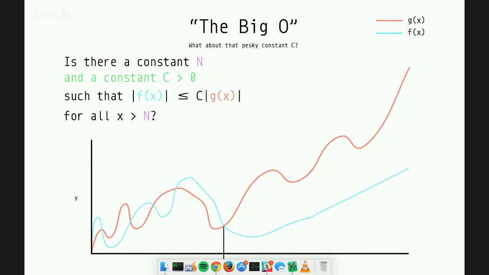Why can't we say that since g of x is always greater than f of x, like you'd almost expect this to always happen if a function grows faster than another function. Like g of x is growing more quickly than f of x, therefore there's a point where g of x is always going to be greater than it.